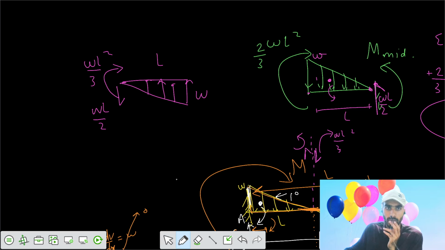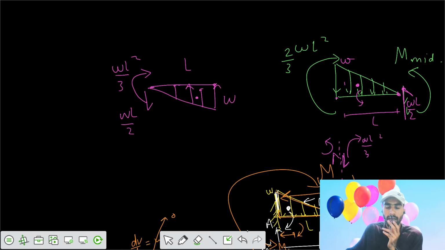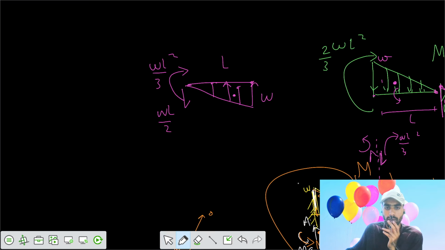Let's try to calculate the moment at your free end. We know that the moment at the free end has to be 0. We can also check it.